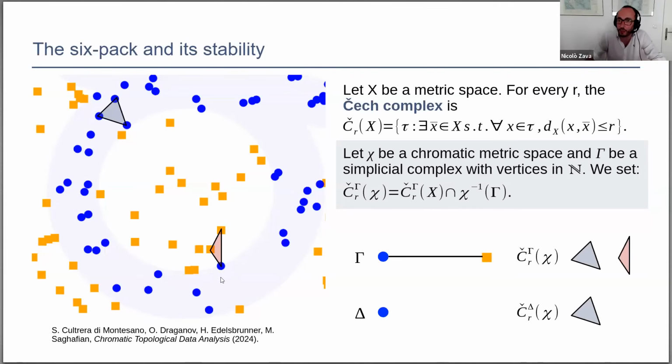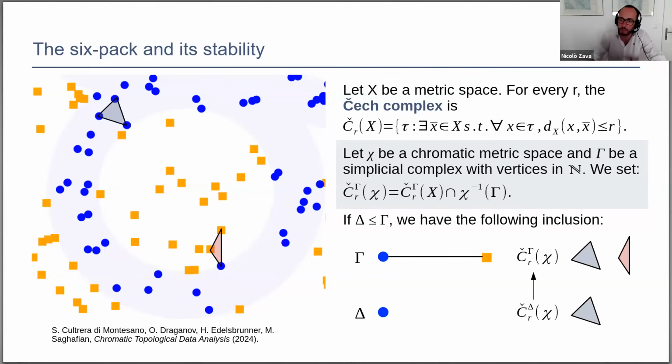This other triangle, though, the vertices are both orange and blue. I will discard it. I'm not taking it. It's pretty easy to imagine that if delta is smaller than gamma, and not just in this particular situation but in general, you have an inclusion of simplicial complexes.